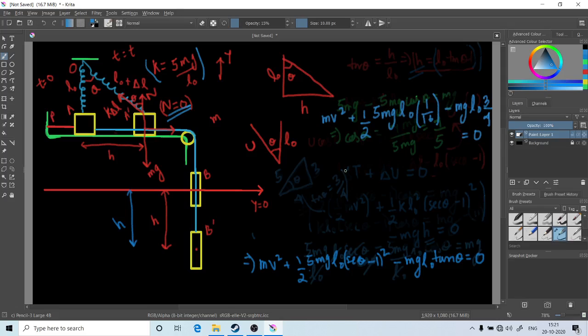Solving it further, we get mv squared equals mg L0 times 3 by 4 minus 5 by 32 mg L0. We also put the value of sec theta, that is 5 by 4, as cos theta equals 4 by 5.